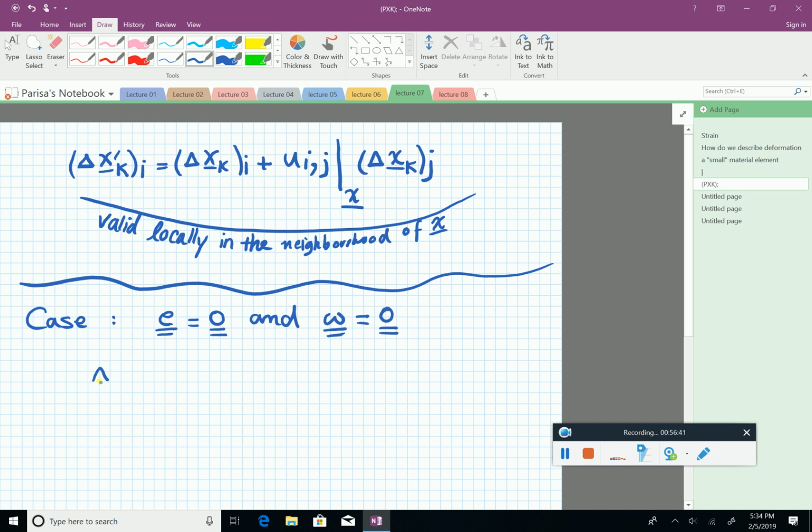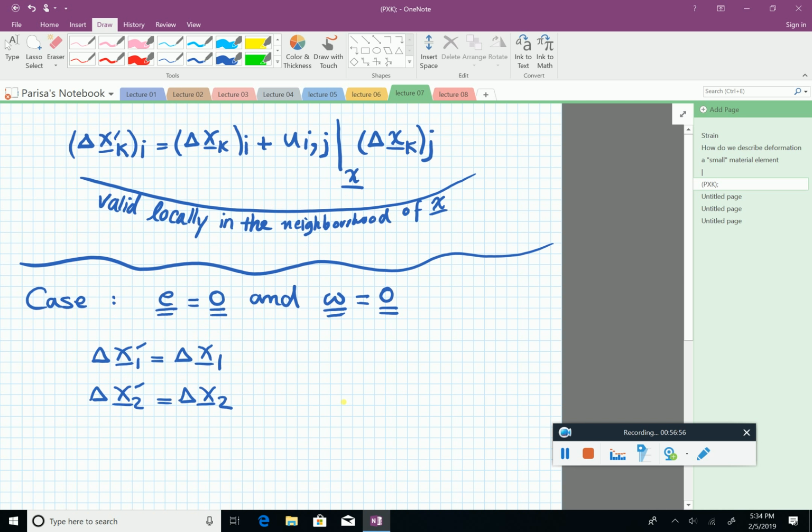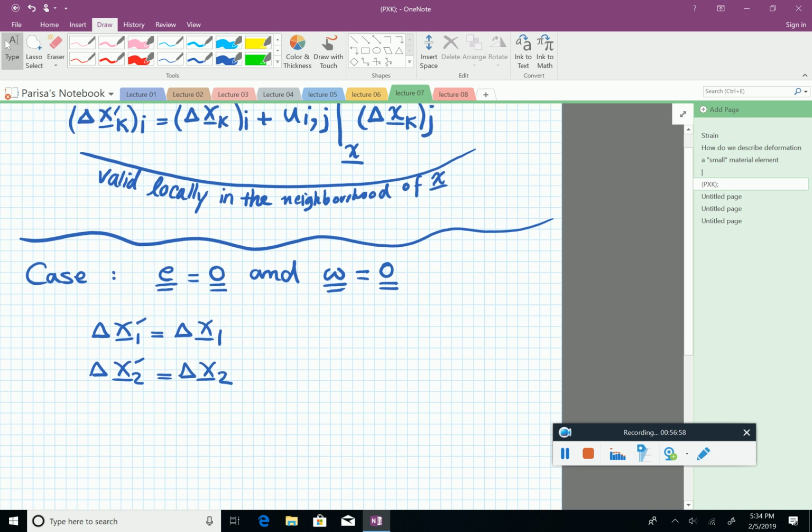Now if you look at the formulation, I think it is easy to see that in this case delta x prime is equal to delta x, and these are vectors.